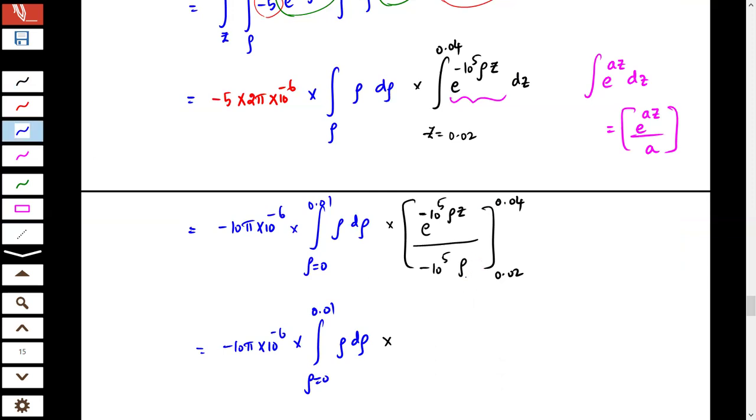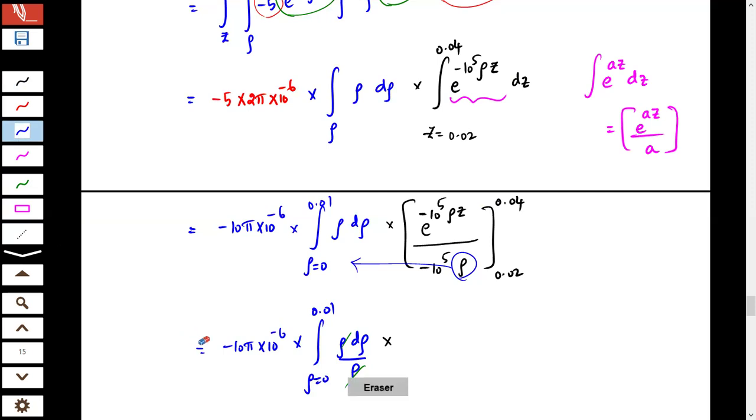So what I will do, this rho I can bring it outside. I'll get 1 by rho here, which will cancel these two rho terms. You'll have 10 power 5. So that 10 power 5 also I can bring it to numerator to give me 10 power minus 5.